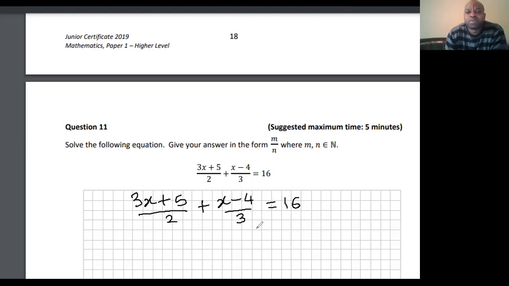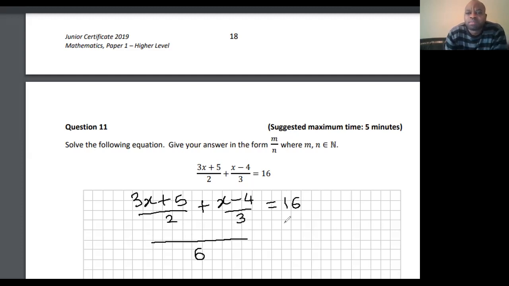What you need to do is draw a line and look for the common denominator. The common denominator is 6, 2 multiplied by 3. Always use the lowest common denominator. You can use 12, but always try to use the lowest one to avoid big numbers.